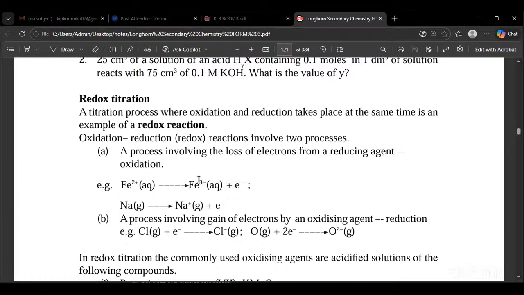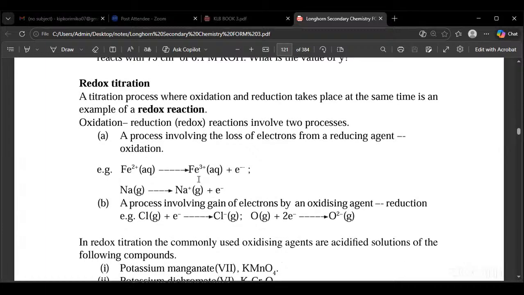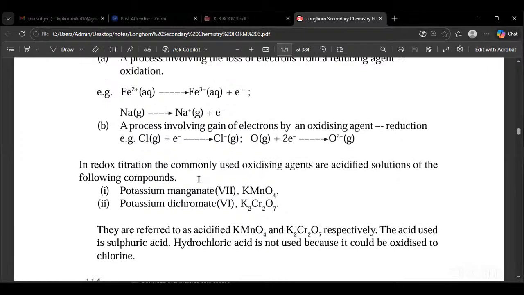Now in redox, sometimes they could not give you that, because you are using oxidizing agents. In oxidizing agents, sometimes they give you potassium dichromate or potassium manganate(VII), inclusive of the names and the formulas, by the way. And if you mess up the formula, you normally get it wrong. So the oxidizing agents that we normally use in the lab are mainly these ones, because they are very cheap.